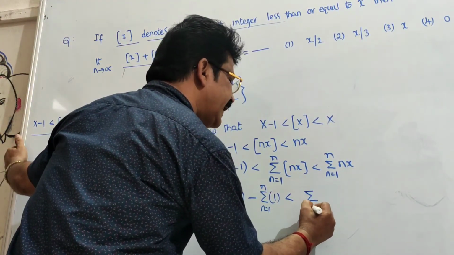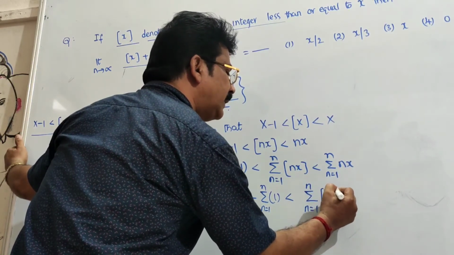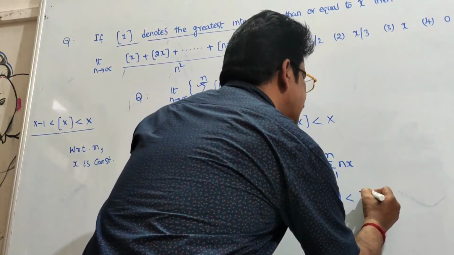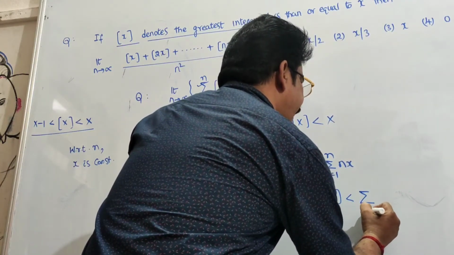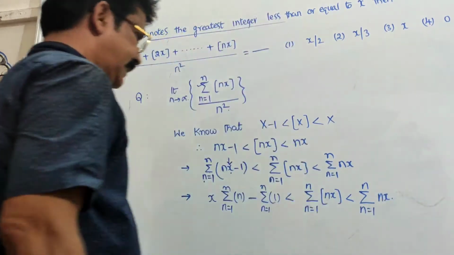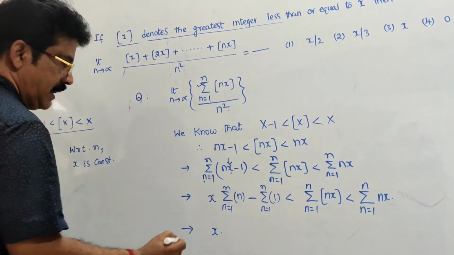sigma n equal to 1 to n of box of nx, less than sigma n equal to 1 to n of nx. So that implies x into sigma n.